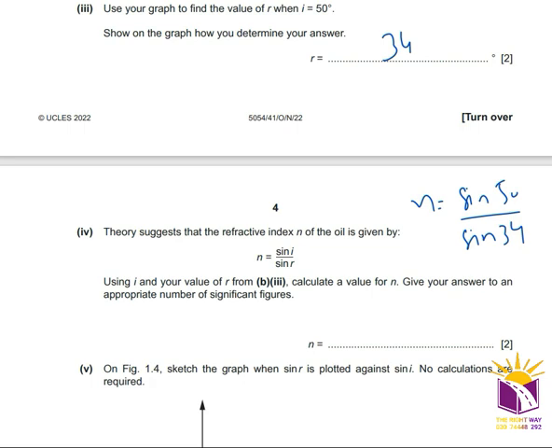By using a calculator, sine 50 divided by sine 34 will be equal to 1.369. So your refractive index will be equal to 1.369.